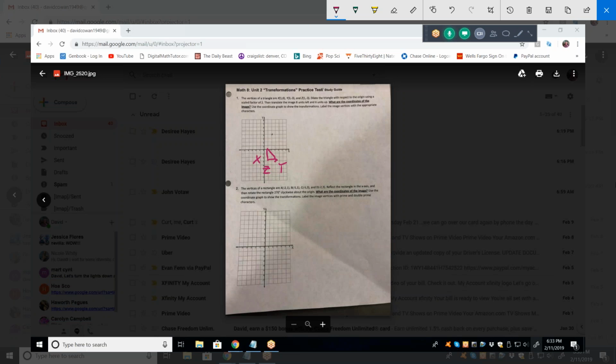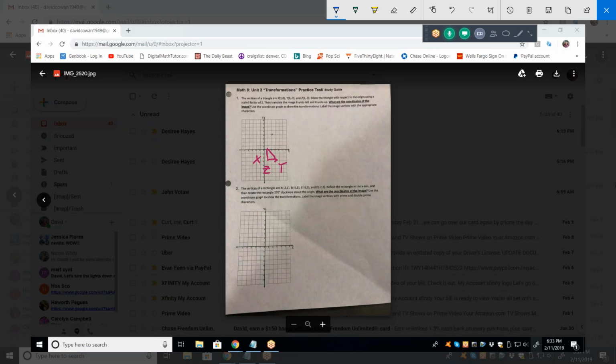If I'm dilating with respect to the origin, where are my new points, X prime, Y prime, and Z prime? Where's my X prime going to be? It's going to be right on the X axis. This one I'm going to do in blue.